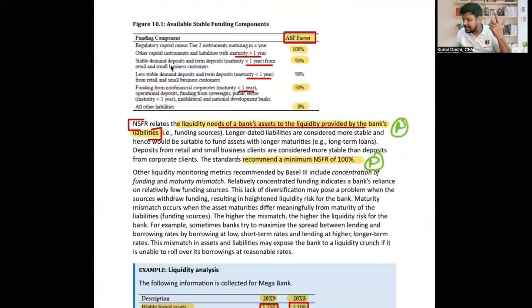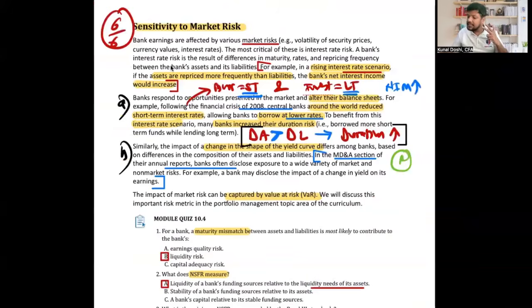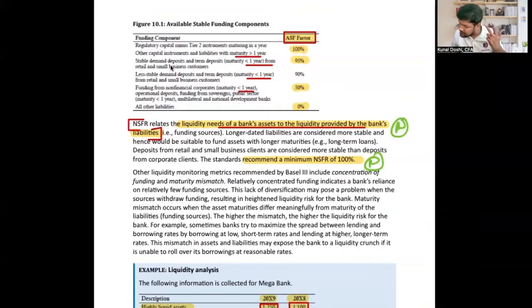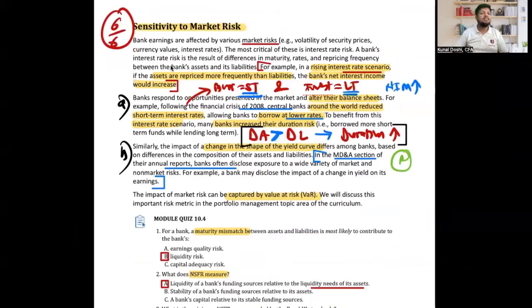Finally, the S relates to sensitivity to market risk. Here we are going to do sensitivity analysis. Banks basically are very much affected by the interest rate risk, correct? Because banks have to manage the assets and liabilities. So the duration of the bank's assets is longer term because the loans are for longer duration, but the liabilities like deposits are for shorter duration.